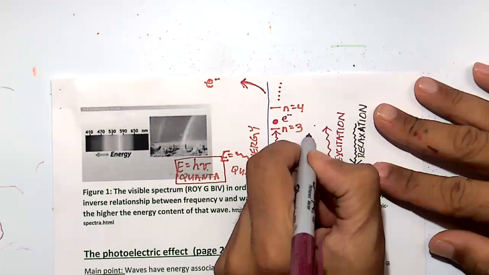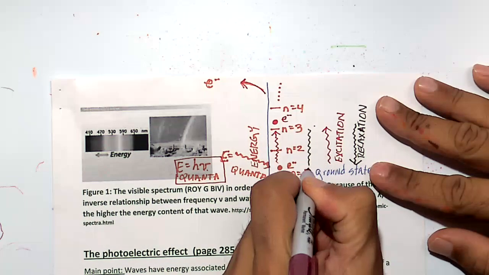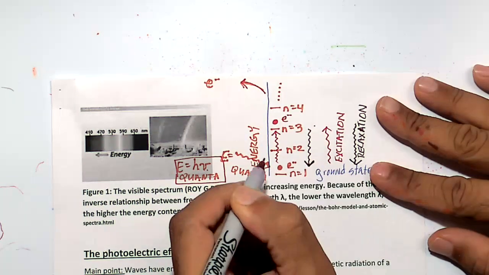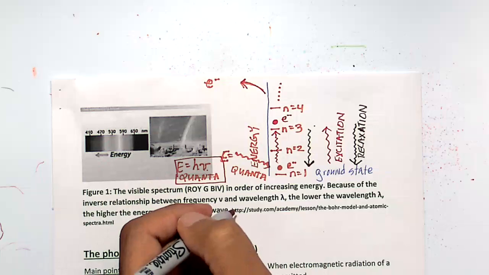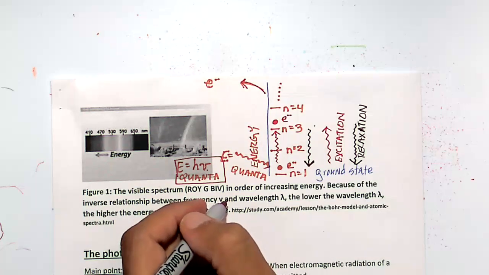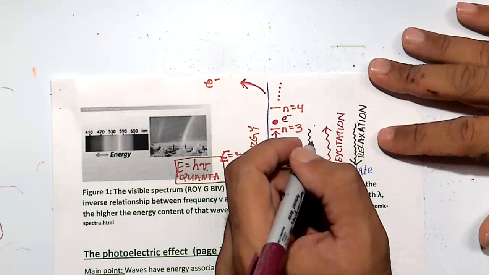So it's going to relax back. As it relaxes back, what do you think happens? Well, we gave it energy. It gets excited. It relaxes back. What will it do? It will give off energy. What will it give off energy as?